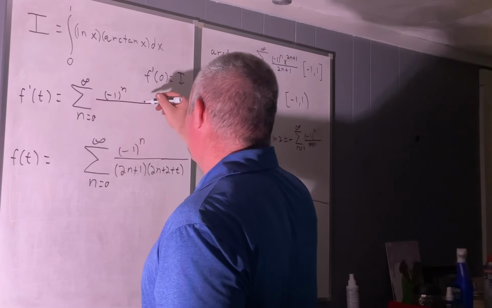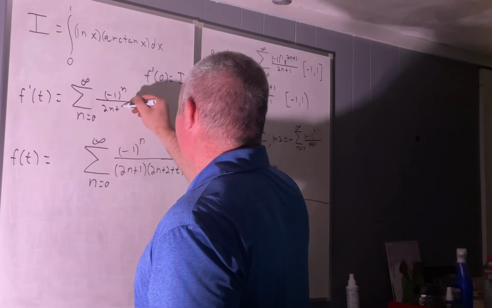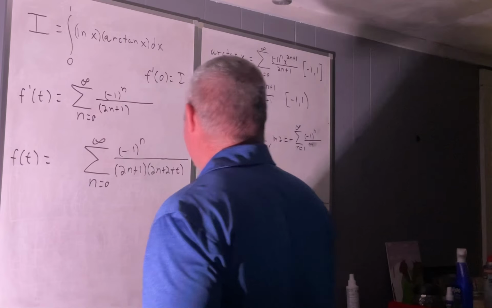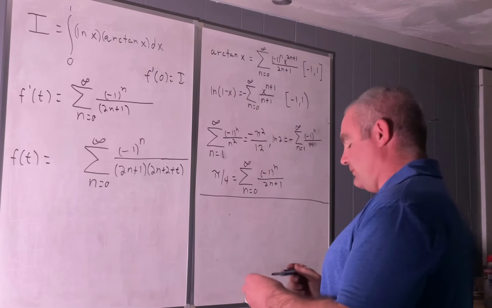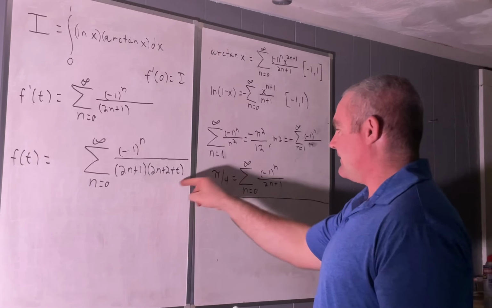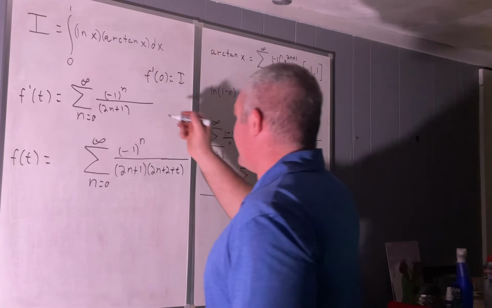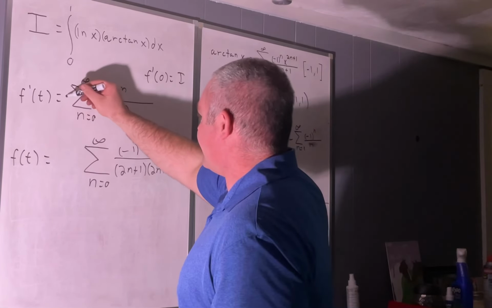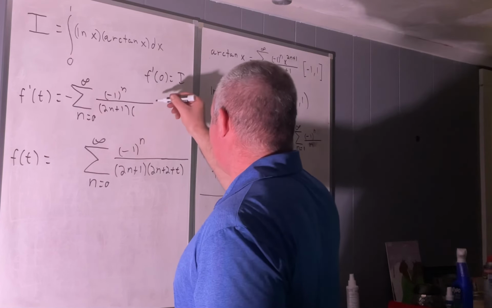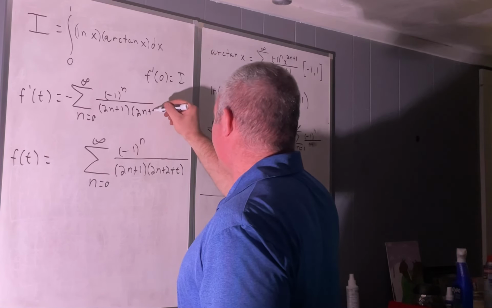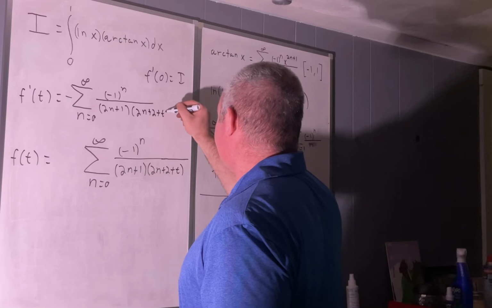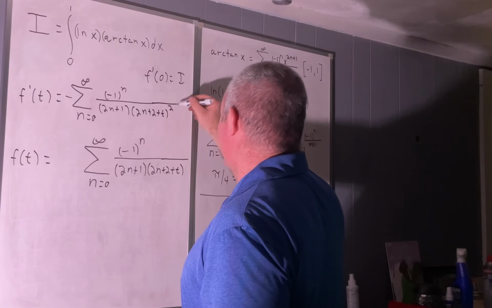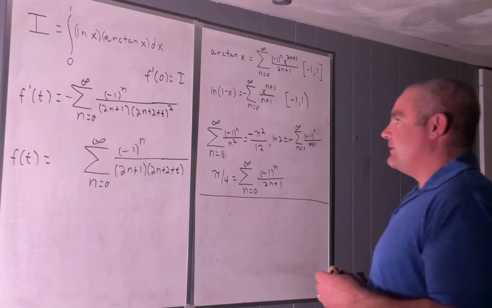That's going to be over 2n plus 1, and then this 1 over 2n plus 2 plus t is just this thing to the negative 1. So when we evaluate that derivative, we recover a negative sign, and it becomes 2n plus 2 plus t all squared on the denominator.